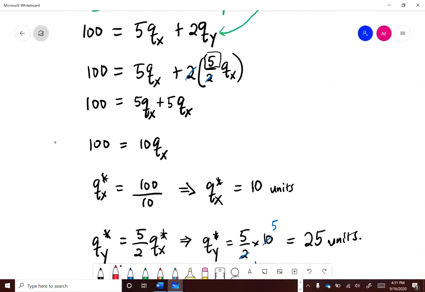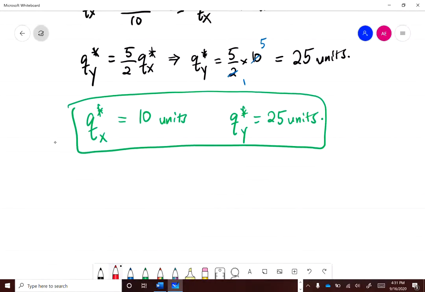We can just plug in those numbers, right? Not only is that more convenient, it's also a good way to check our work. So here, using the demand equations we derived in the previous video.